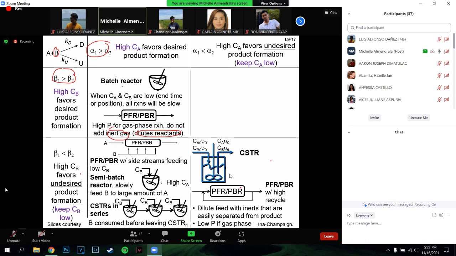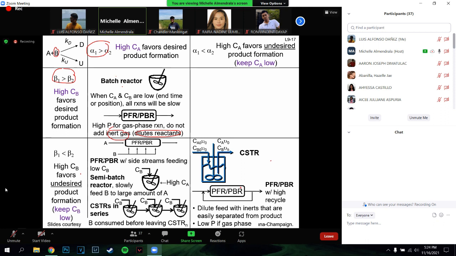We don't want the CSTR to be at a higher pressure, so usually we have the CSTR at normal operating pressure. For gaseous, of course, you have to keep the pressure low for packed bed or plug flow reactor with high recycle, meaning all unreacted reactant will have to go back here. You have to recycle. That's the suggestion.